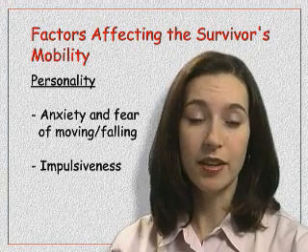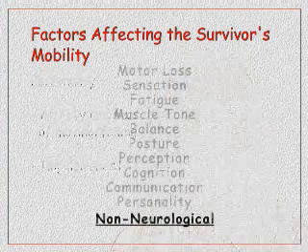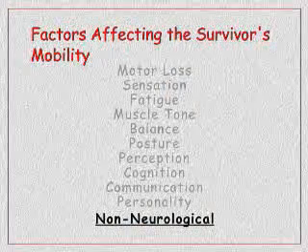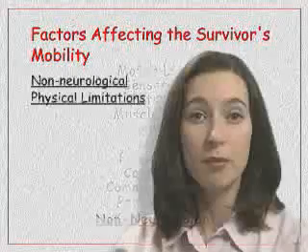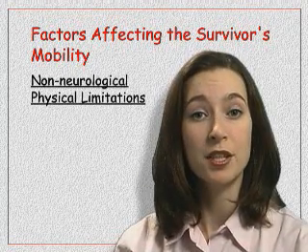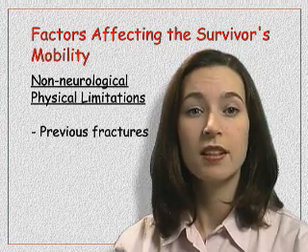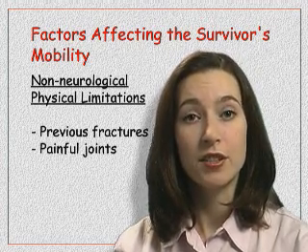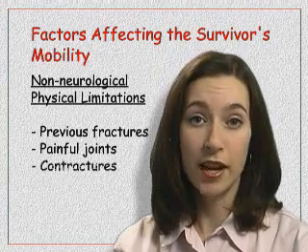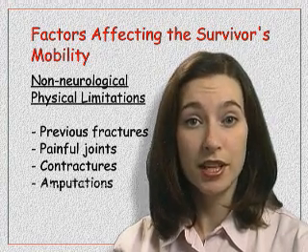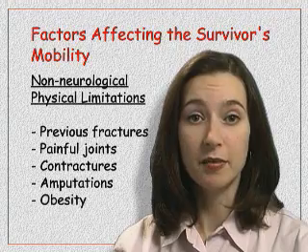Are they impulsive and rush movements? Finally, there are many non-neurological physical limitations which may affect a stroke survivor's ability to move. These include previous fractures, painful joints such as an osteoarthritis, contractures, amputations, or obesity.